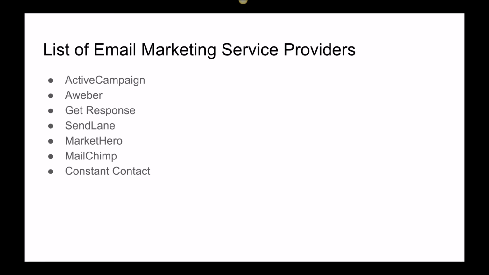On a side note, if you are advanced enough, you can use Amazon Simple Email Service, or SES, and then hook up your own software to utilize that. One of those softwares that works well with Amazon SES is called Sendy, and Sendy is a one-time fee.